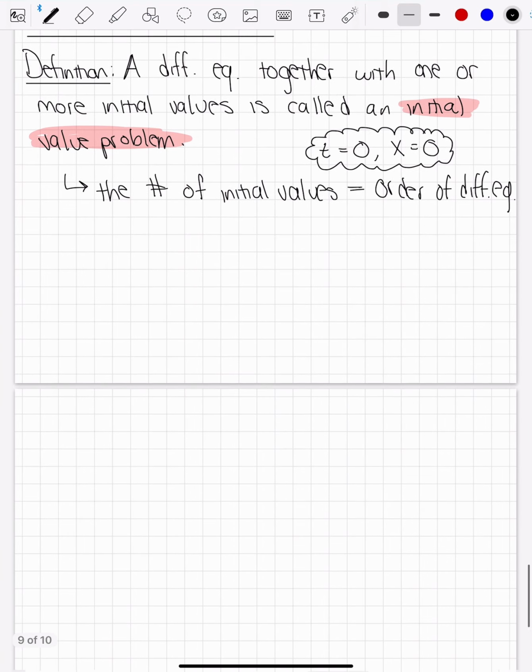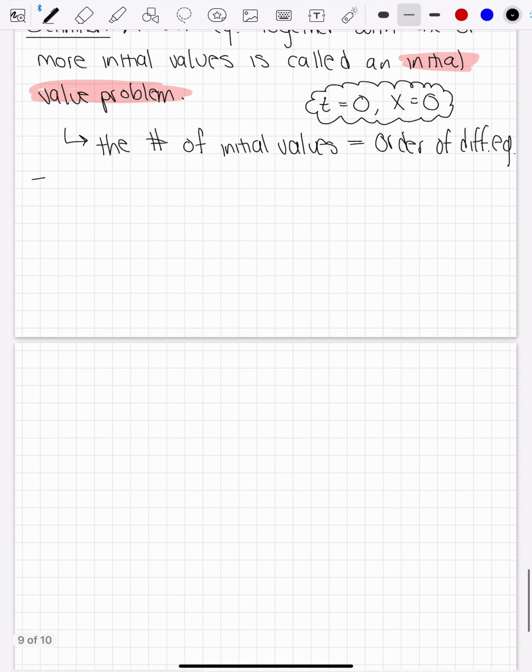So they're very handy. For an example, the first one we'll do is verifying a solution, and then the next one we'll do is finding a solution, which we haven't talked about yet.